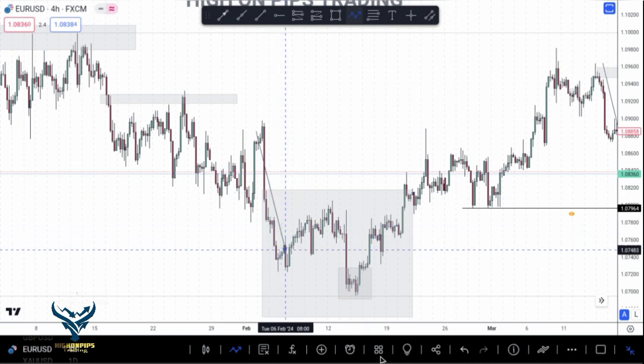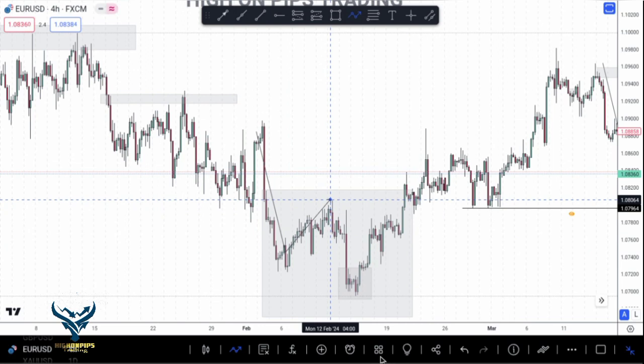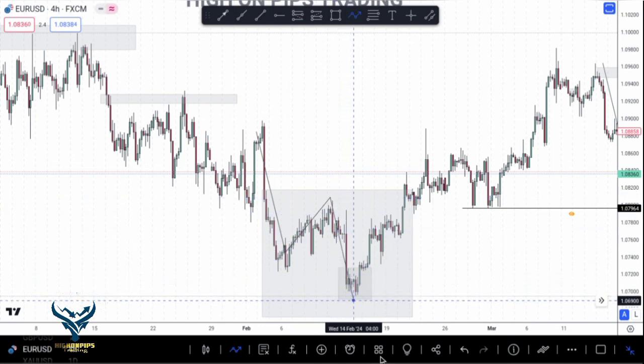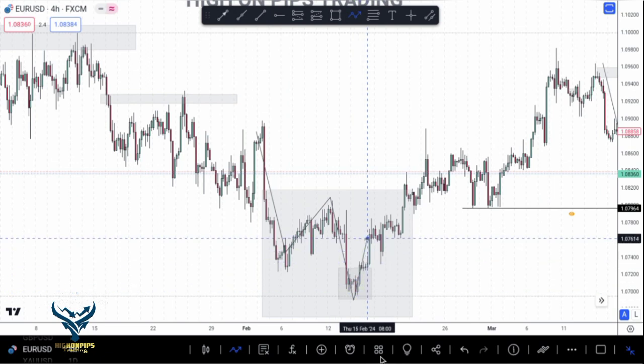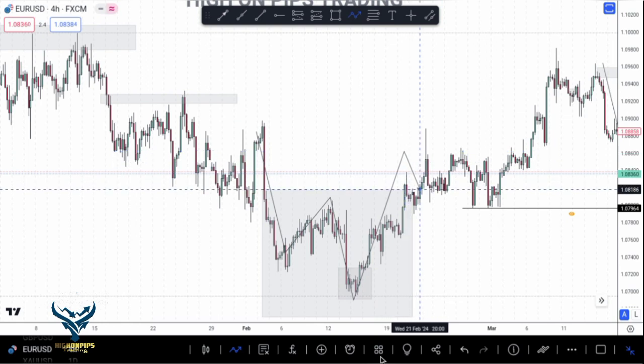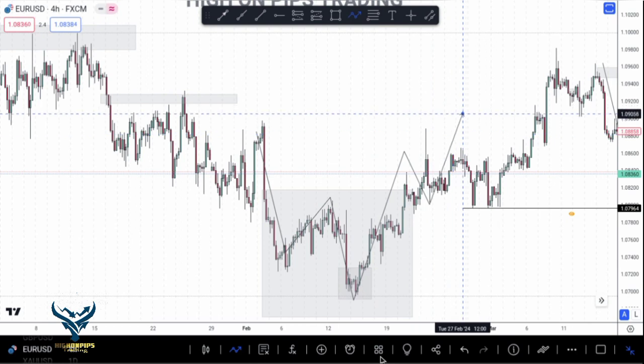They came here, they created a low, created this high, they created this lowest low, and then from here they came up, and then they broke this high here, and then they started going up like this.